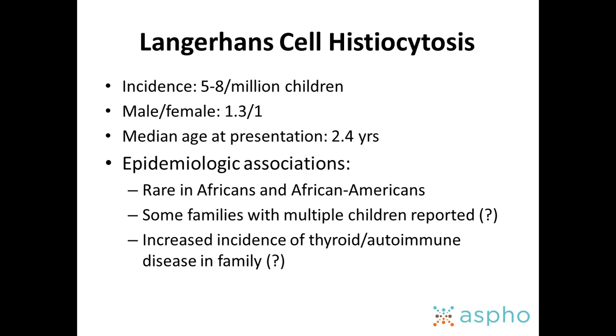It's clear based on SEER data, so Carlos Rodriguez-Galindo and the Boston group did mine the SEER data, and I think they found what we all see, which is you almost never see LCH in Africans or African Americans. It seems to be more common in Hispanics and whites. There are some reports of increased clustering in families and increased incidence of thyroid and autoimmune disease, but I'm not sure if that's like Kawasaki's and carpet cleaning risk, if it's really true, or just ascertainment bias by early studies. But if it shows up on the test, go ahead, go with it.